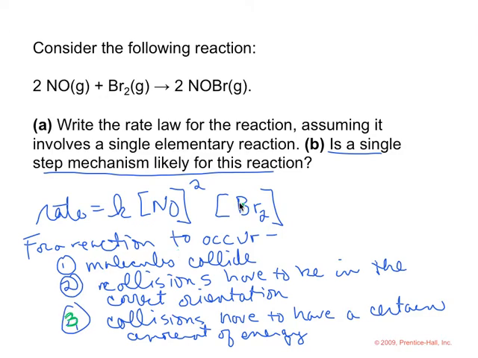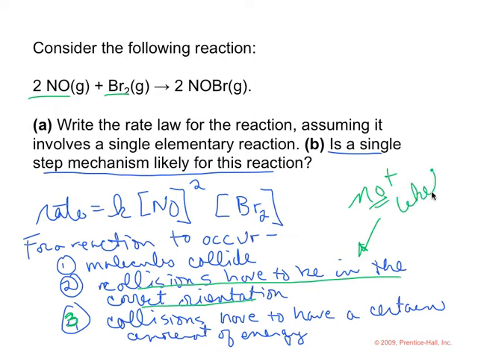All right, so is it likely that the molecules will collide? Oh, yeah. Is it likely for these collisions to have the right, correct orientation? We're talking about 3 molecules colliding in the right orientation. This is the part that is not likely for more than 2 molecules.